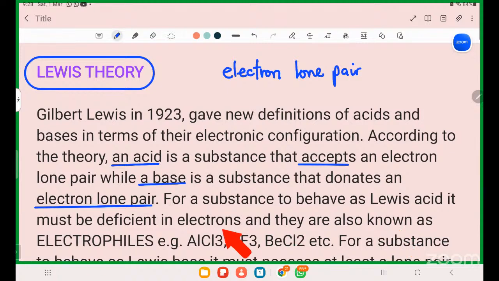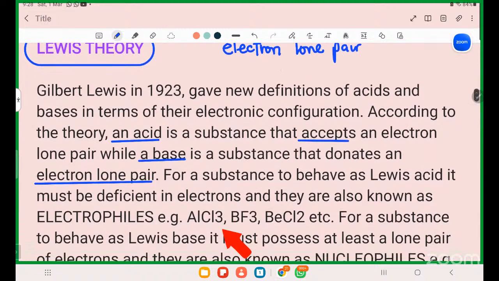Electrophiles are substances that are deficient in electrons. Now, when you hear the word phile, it means affinity, it means love. So electrophile means those substances that love electrons.